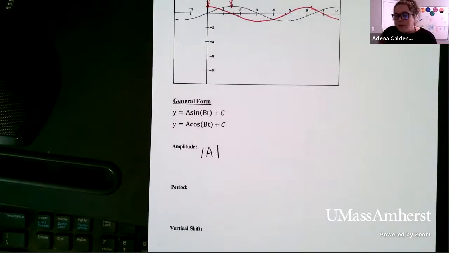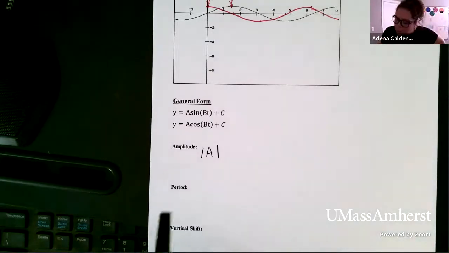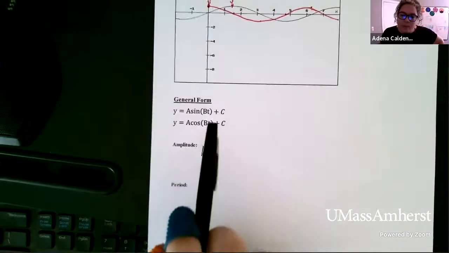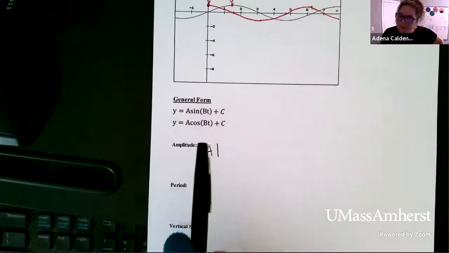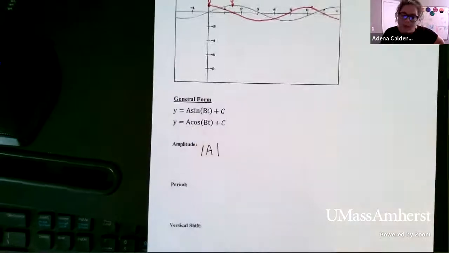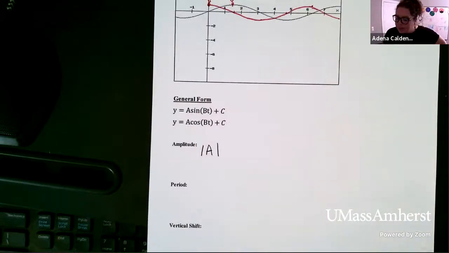The other reason is because sine and cosine are symmetric about the x-axis, which means it varies the same amount above as below. So if we want to find the amplitude of something in the general form, we can just take the absolute value of a.